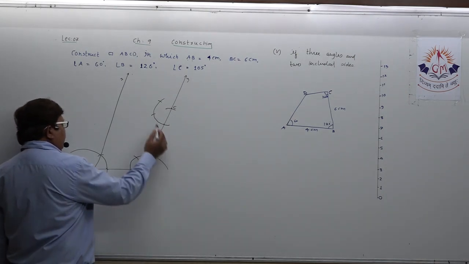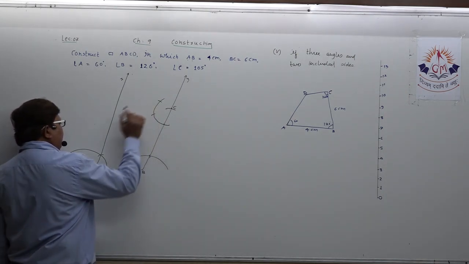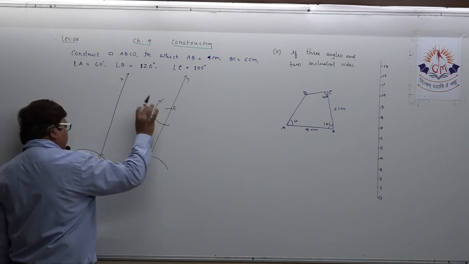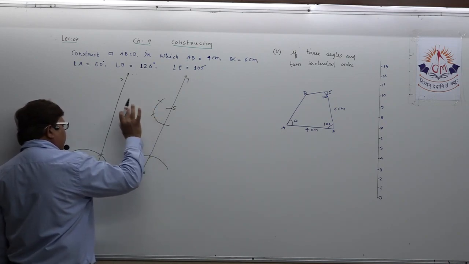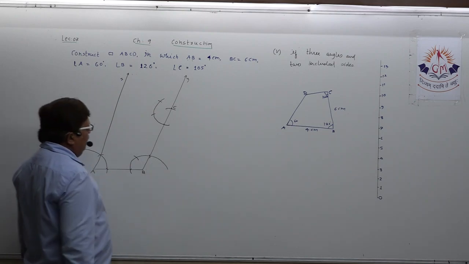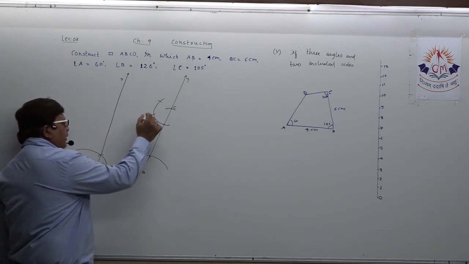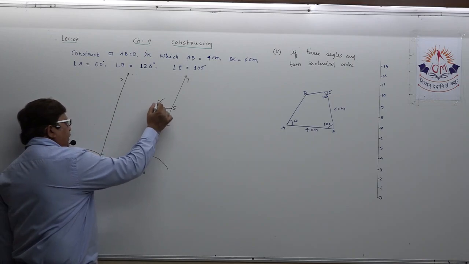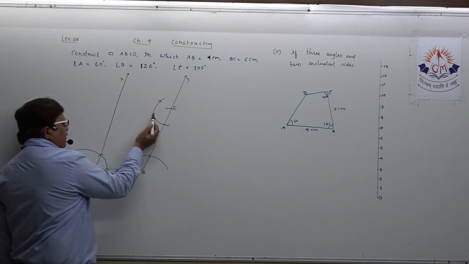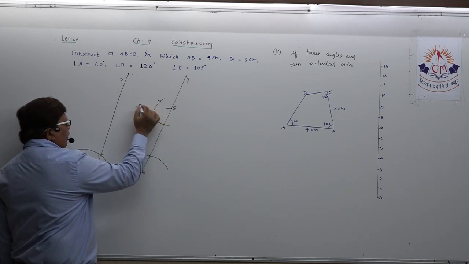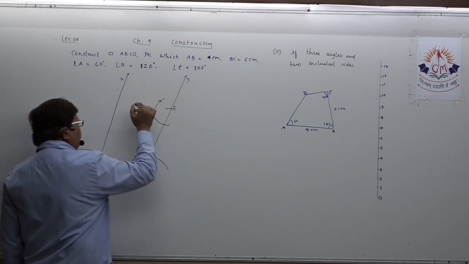Okay, once you will cut here, another time you will cut here. Now never change the radius while you make the construction of an angle. Please mind it. Now here and here, one arc from this point, one arc from this point.